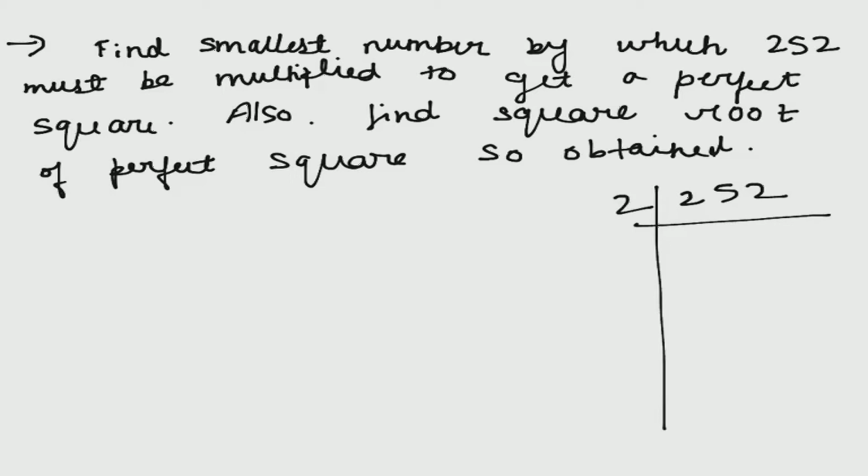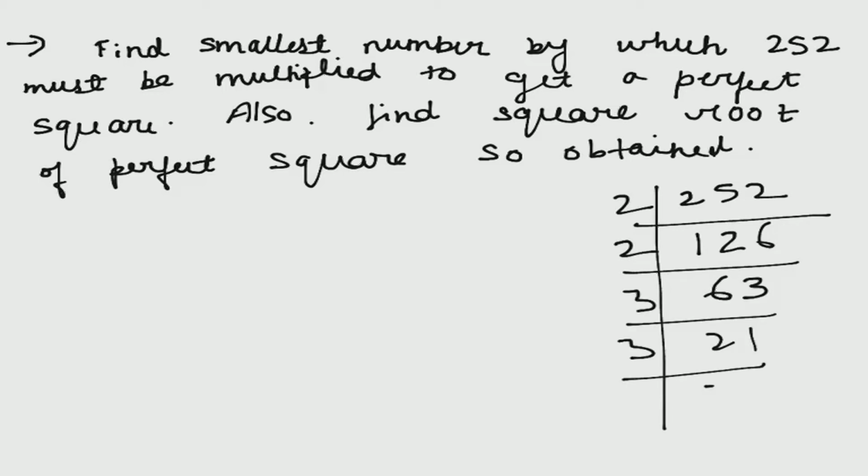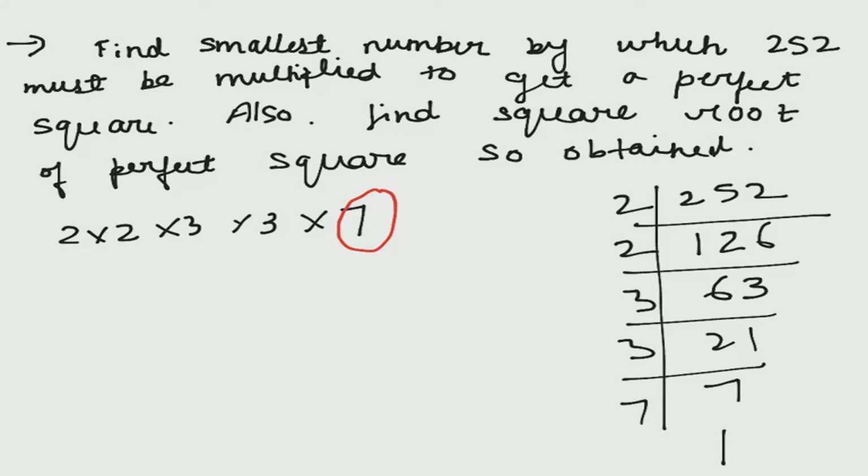So the prime factors: 252 divided by 2 gives 126, then 6, 3 gives 63, then 3 gives 21, then 3, 7, and then 7. If we write out the prime factors like this, clearly we can see that the 7 is single over here.